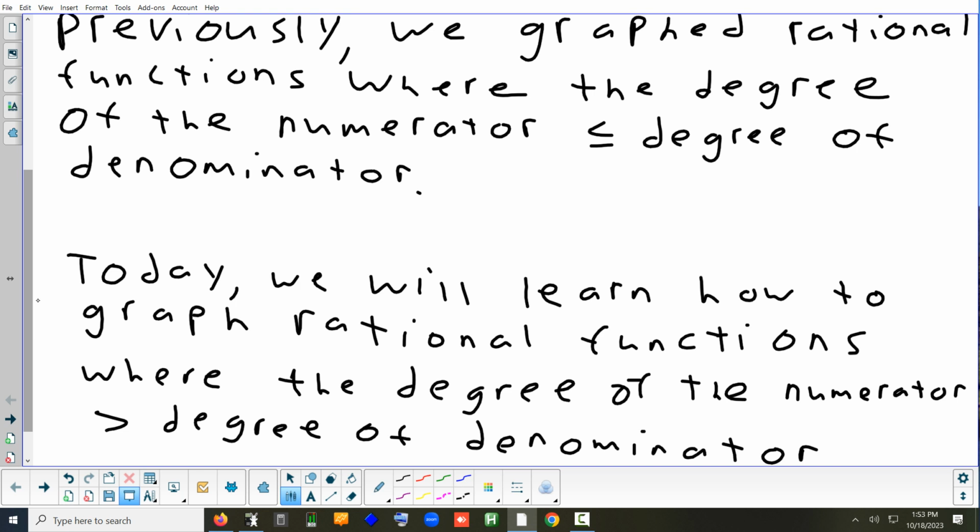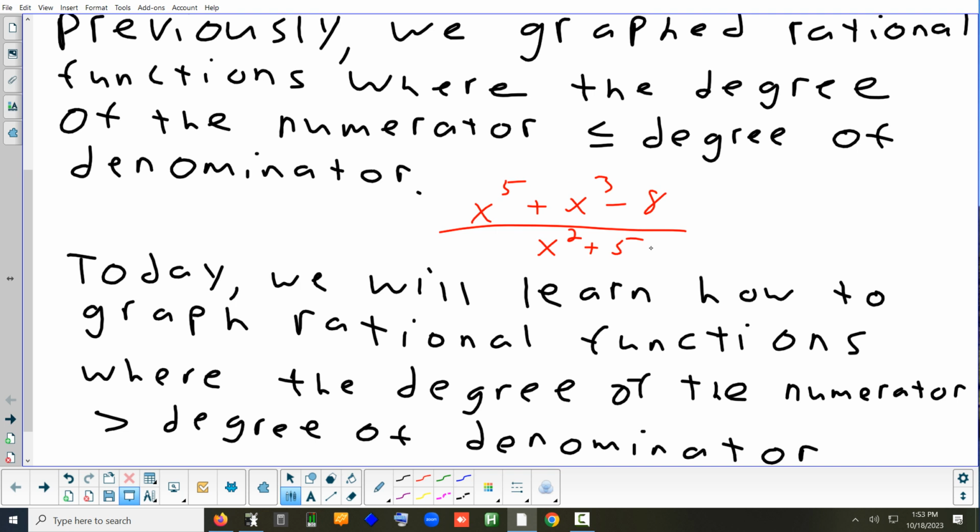Now, the bigger the top gets, the further apart the top and bottom get. If you had something like this, what's the highest degree term in the top? x to the fifth power, so the degree is 5. And what's the degree of the bottom? 2.